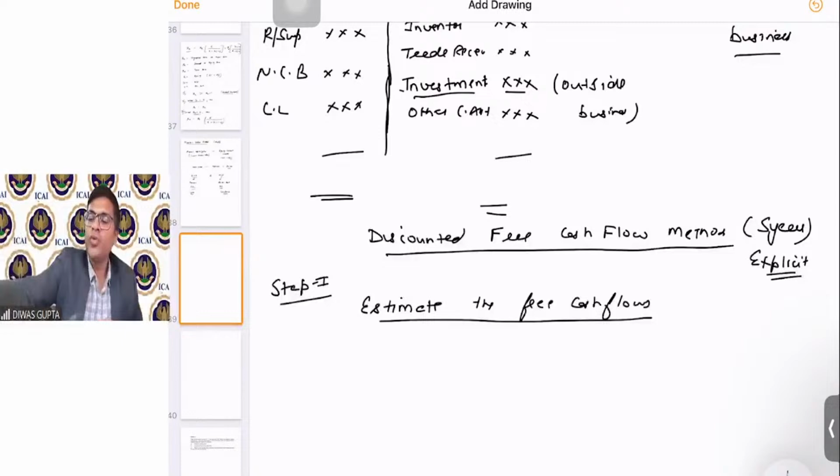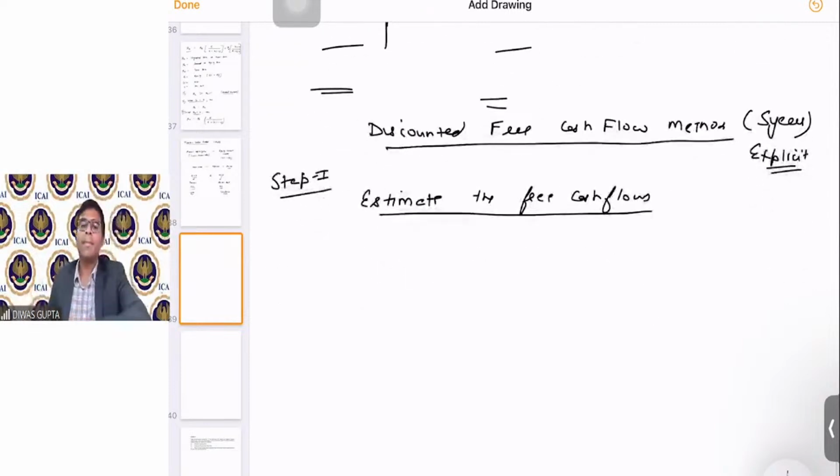Now, first of all, what do we mean by free cash flows? So I'm just giving a sample calculation here for free cash flows. Okay. So we will start with EBIT. Okay. Earnings before interest and tax. Let's say this is X amount.